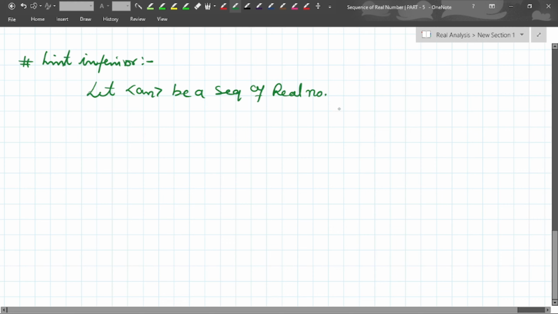Then mn is nothing but the infimum of an, an plus 1, and like this. So whatever my m1 is, that is nothing but the infimum of a1, a2 up to an.